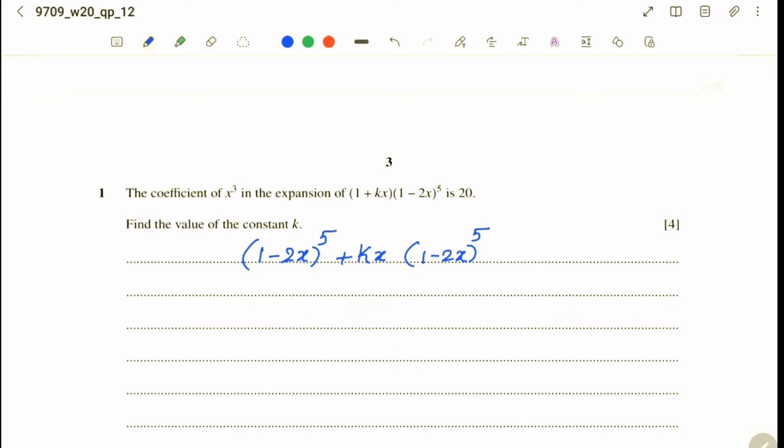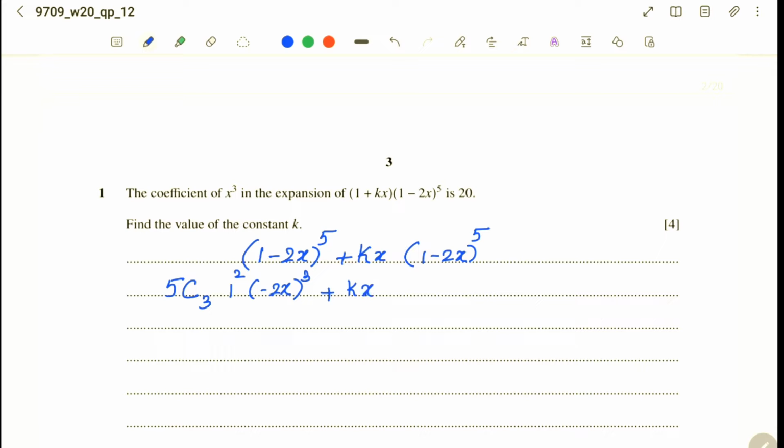Okay, so this is a binomial expansion question. So let's write the binomial expansion term for this. It is 5C_r. For r we will take the value 3 because we need x power 3: 1^(5−3), which is 1 squared, times (−2x)^3, plus kx.